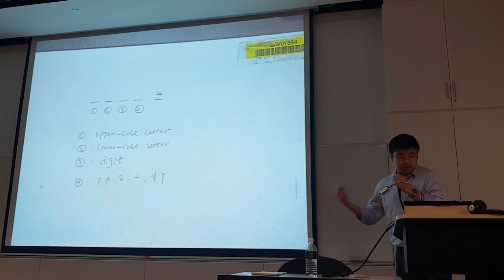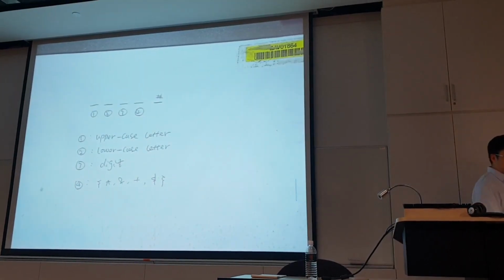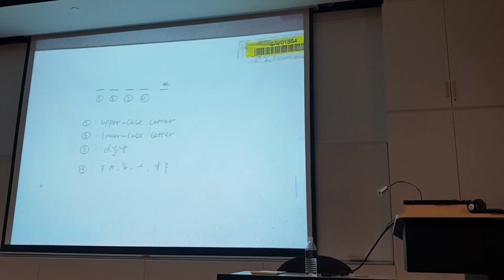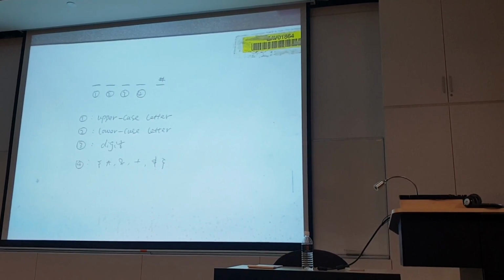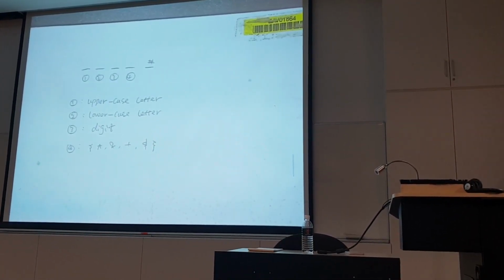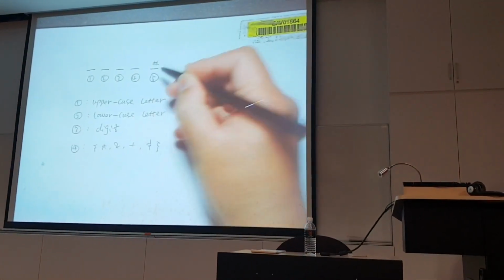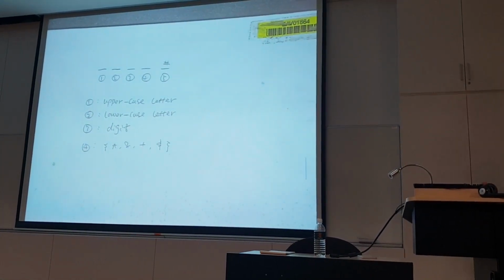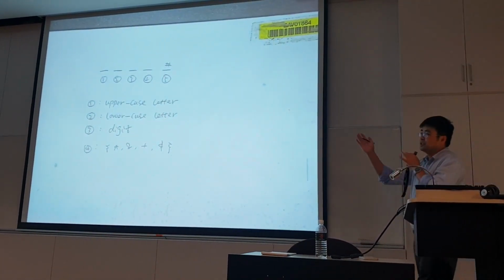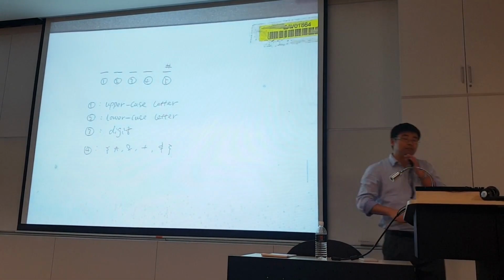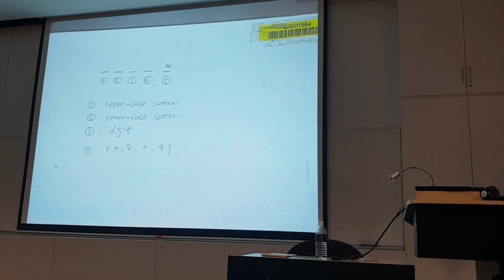So maybe I give a concrete example, then you know how this entropy is calculated. Suppose now we pick a password using this particular format. This is a 5-character password.